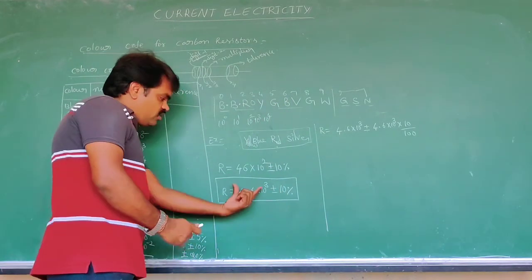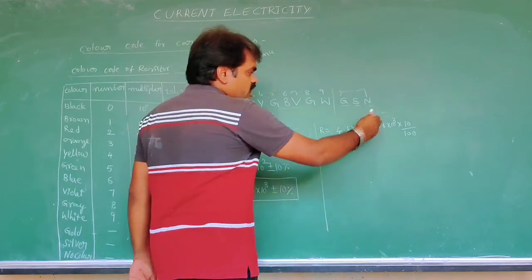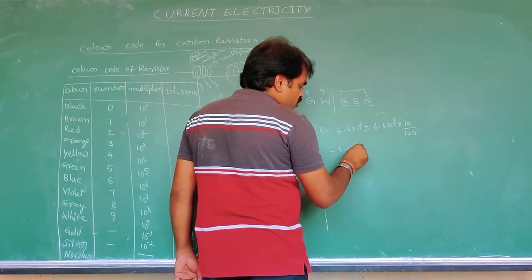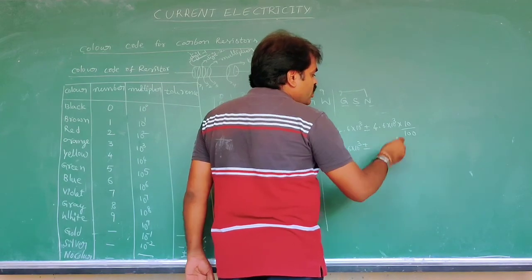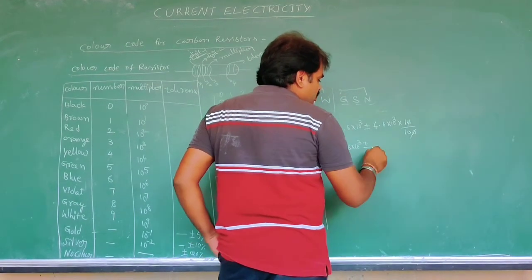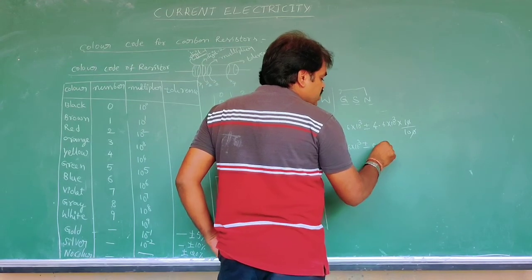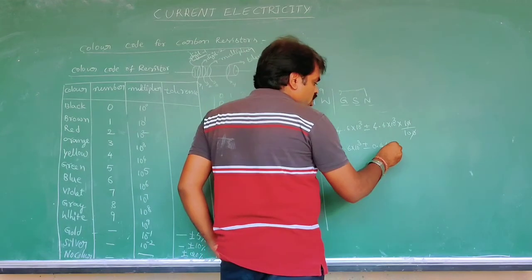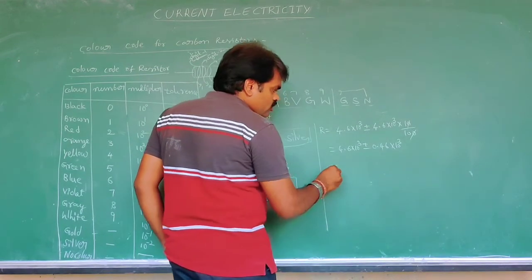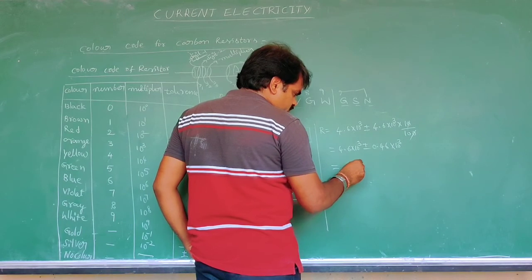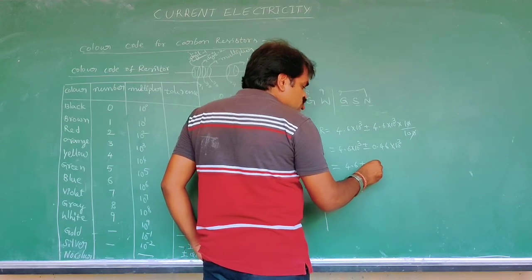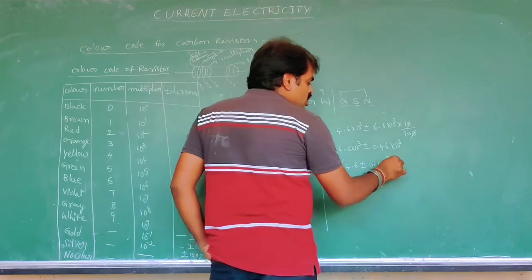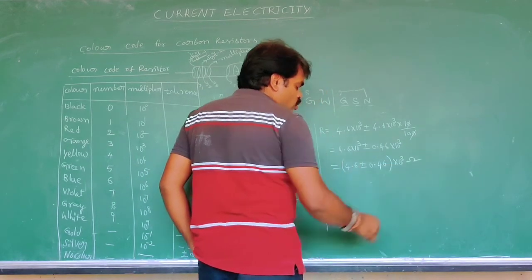That's why we can write it like this. Calculating, we get 0.46 into 10 cubed. Taking 10 to the power of 3 common, we get 4.6 plus or minus 0.46 into 10 to the power of 3 ohms.